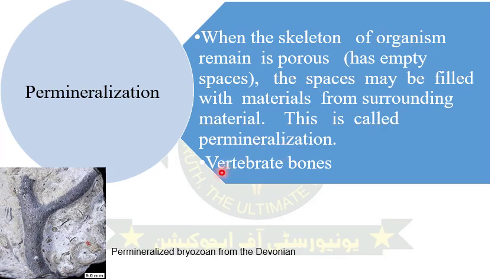For example, this happens in vertebrate bones, meaning the porous body of the organism which is going to be fossilized is filled with minerals from the surrounding medium, and they are deposited in the cavities of the organism, where they become hardened and ultimately fossilized. So here is the diagram of a permineralized bryozoan from the Devonian time period.